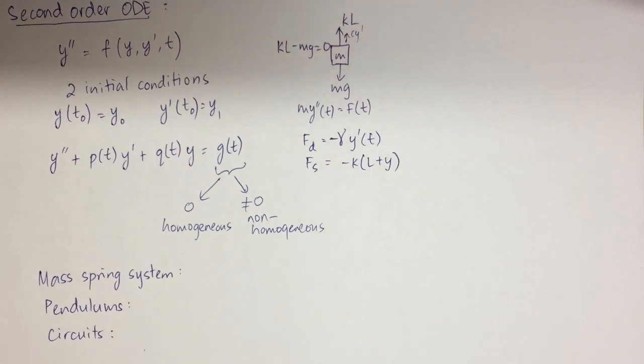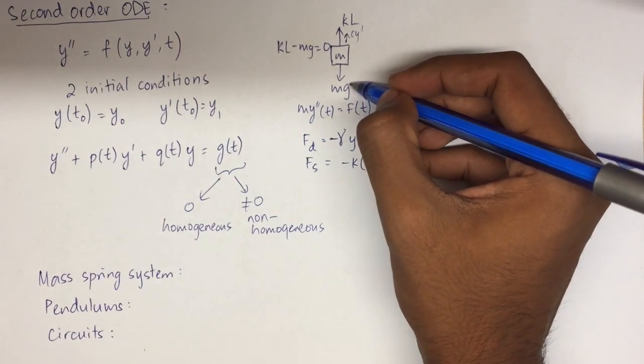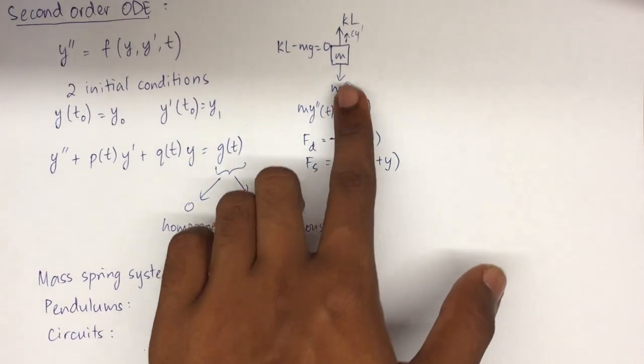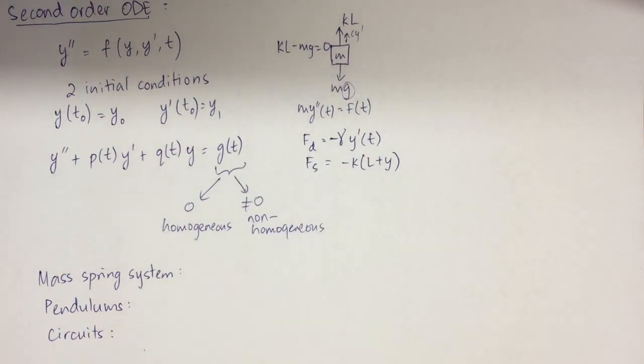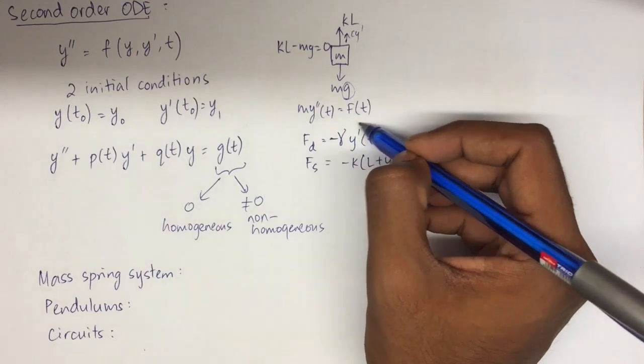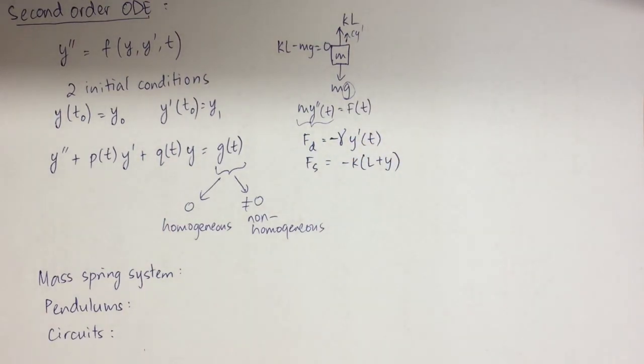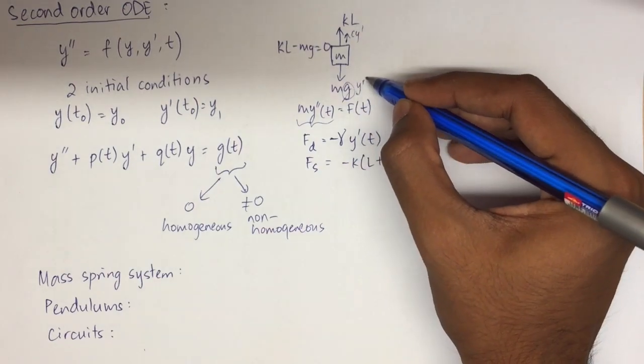With all of this, we can do a force balance again. The mass times g is due to gravity, but if you have a change in position due to an external force being applied, then we don't have gravity acting anymore. We just change the force term, so my double prime of t becomes m times y double prime.